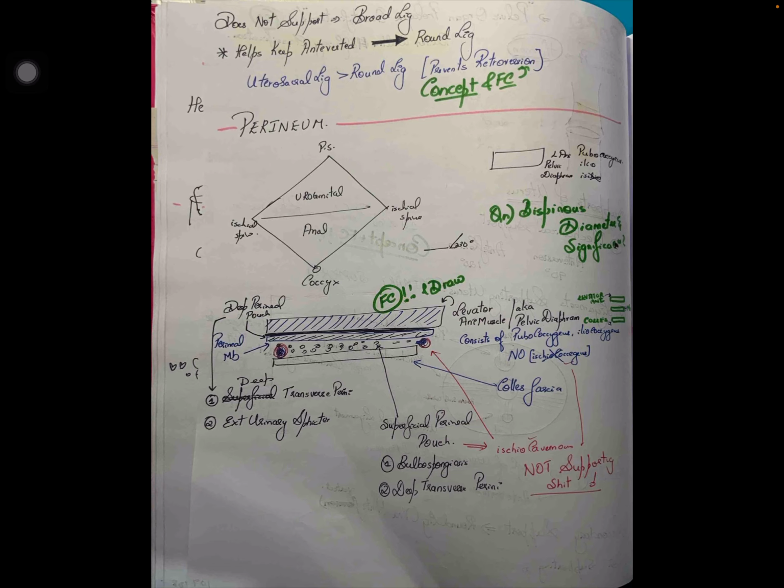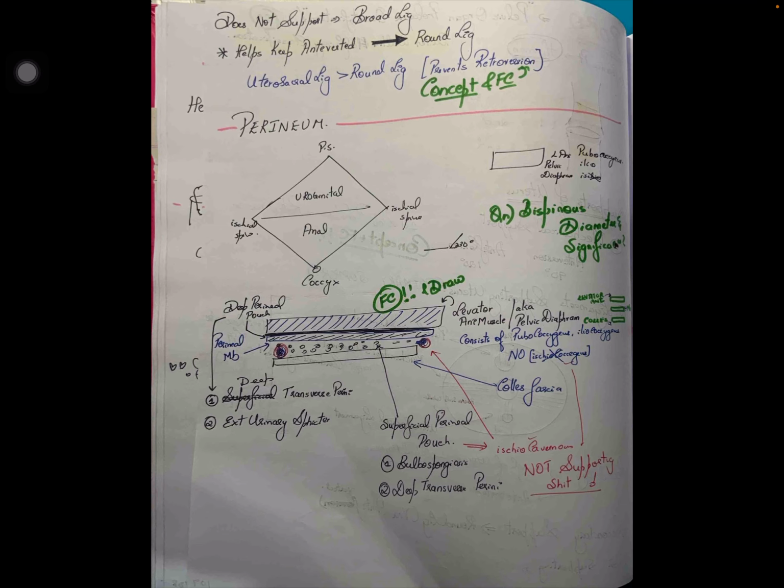Then we go for the superficial perineal pouch, which has the bulbospongiosus, again paired, and the superficial transverse perineum muscle. 6 over, so 3 more left. This will be muscles of external anal sphincter and longitudinal muscle coat of rectum.